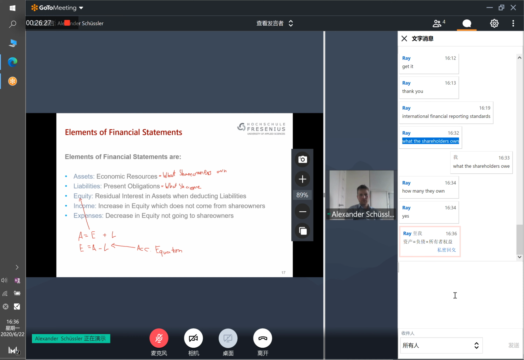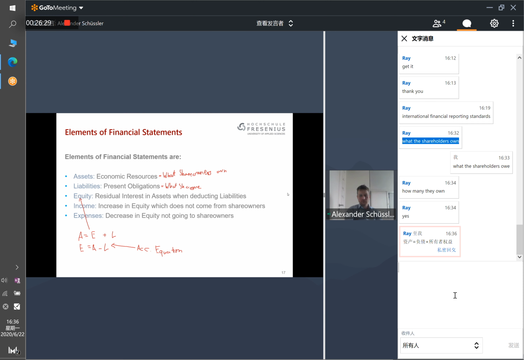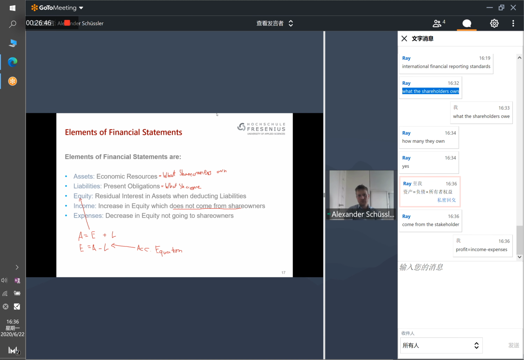Here, this income is an increase in equity which does not come from share owners. That's income. Which increase in equity does come from share owners? What is the opposite?